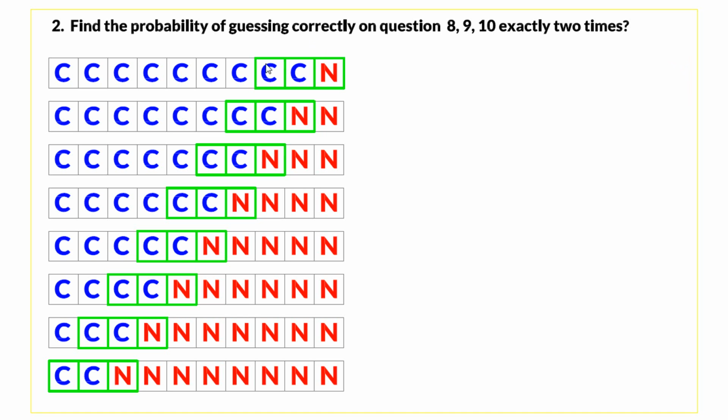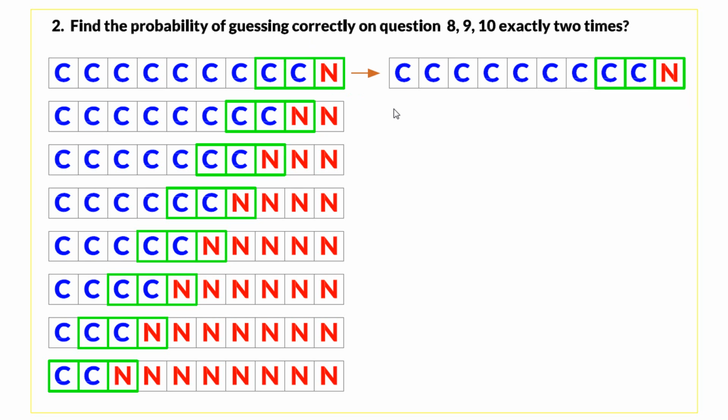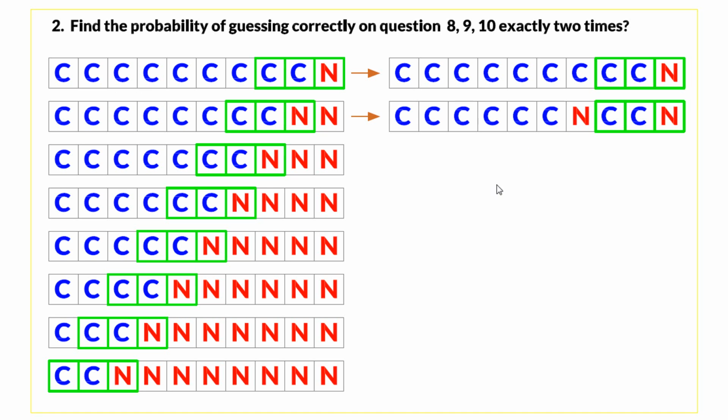So this is the case for the first sequence, but for the second sequence we have to move this CCN to the very end and move this N here behind it, and the rest of the sequence will be prefixed to it.